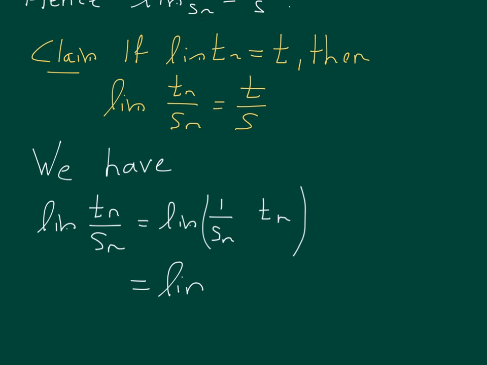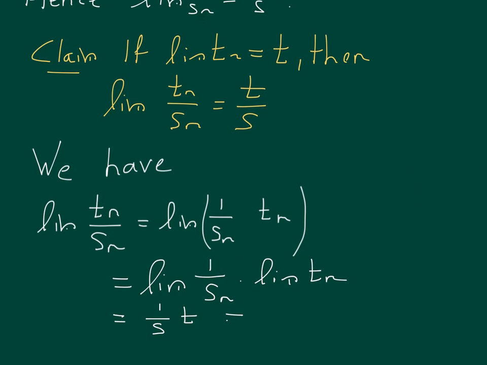We can write that this is equal to the limit of 1 over s sub n times the limit of the sequence t sub n, which, as we already said, is 1 over s times t, and that is equal to t over s. And there you have it. The limit of the quotient is equal to the quotient of the limits. So that completes the proof.